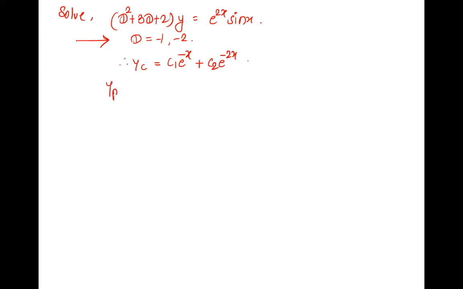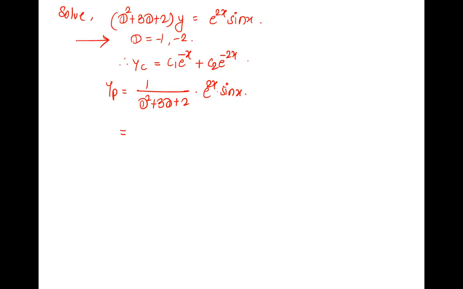Then yp is 1 upon D square plus 3D plus 2, into the right hand side function e raised to 2x into sine x. Okay, so which case is it? See, this function may be under one of the shortcut cases.